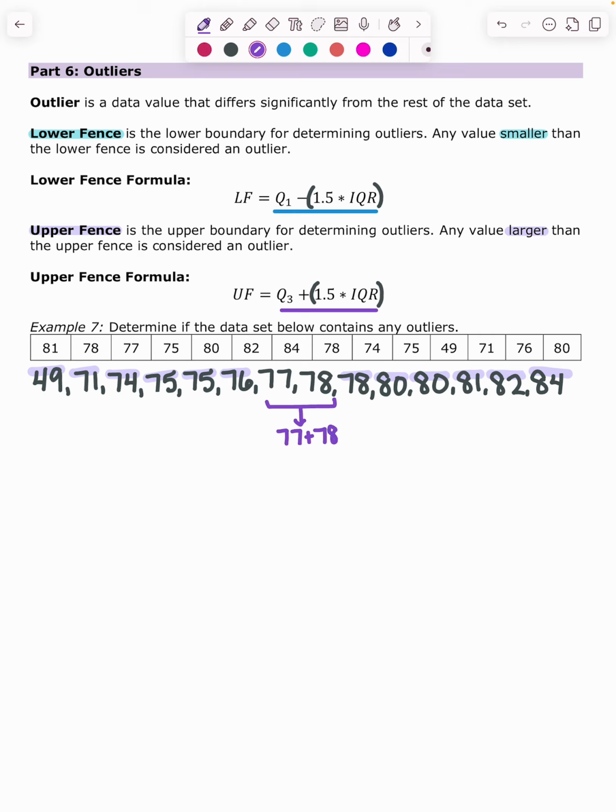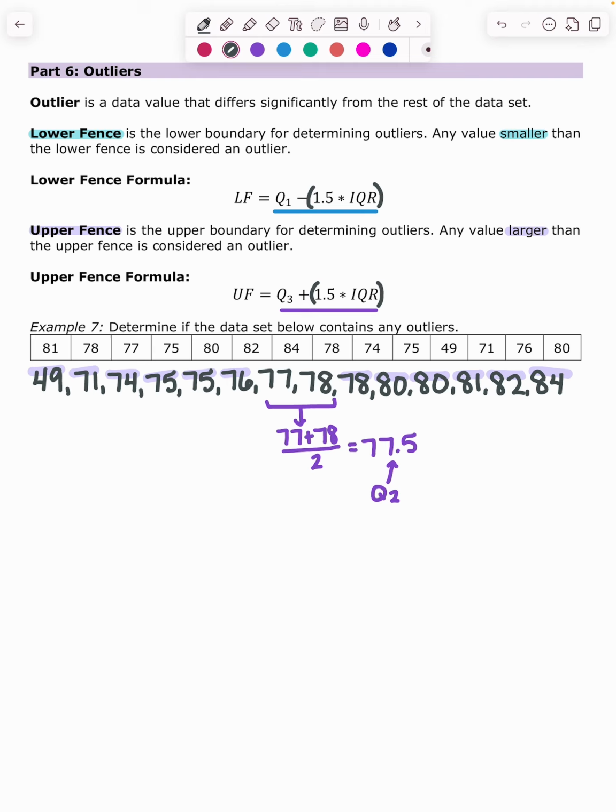To find the middle of 77 and 78, I add them up and divide by 2, and that's 77.5. So this is Q2. I have to find Q2 in order to find Q1 and Q3, which is what I need to find the lower fence and upper fence.